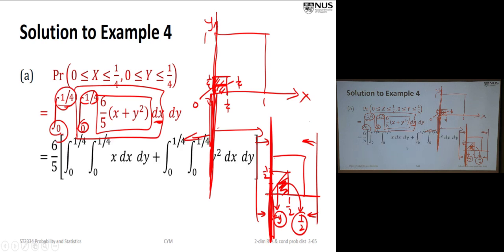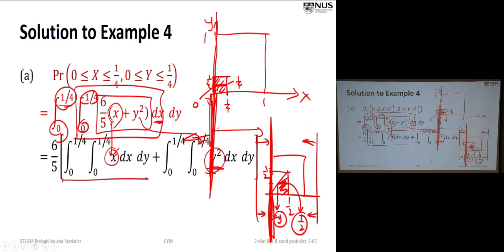I also apply the idea that this is basically two terms, so I integrate x as one integration and then y squared as another integration. In that case, it's easier to work with. It's nice that now I just look at an integration with a function that involves x only, and this one involves y squared only.